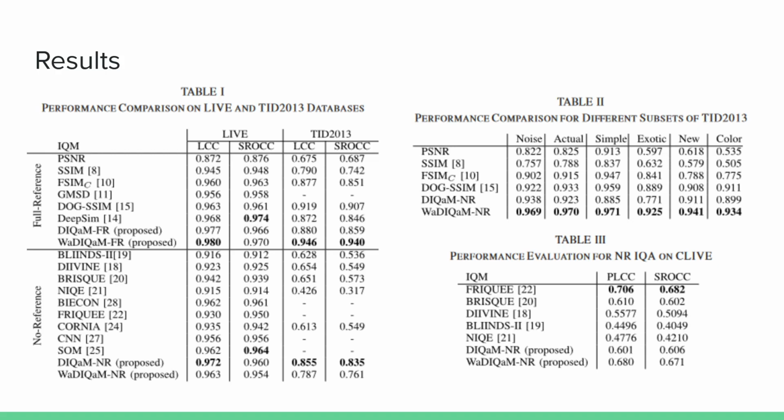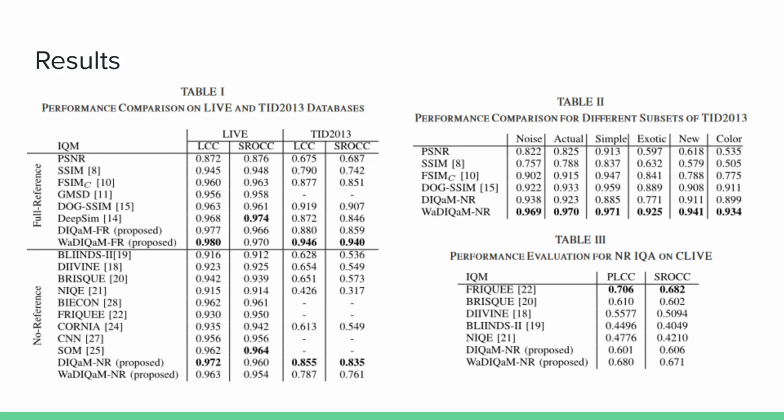And then if we look at the no reference section of table 1, the two models that are used are the deep image quality measure for no reference IQA and the weighted average deep image quality measure for no reference IQA.